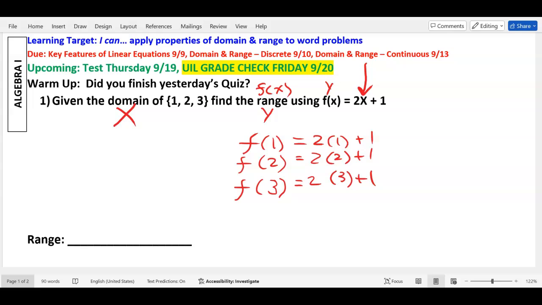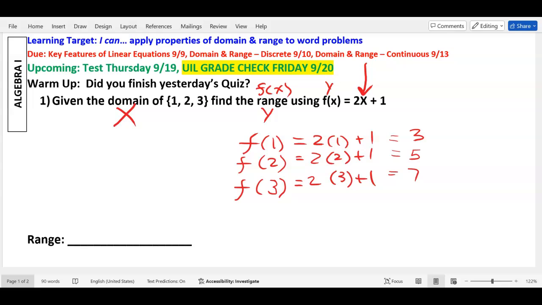You could just put the right side of this equation into Desmos and it would evaluate it for you. But we're going to do this mental math. 2 times 1 is 2, plus 1 is 3. 2 times 2 is 4, plus 1 is 5. 2 times 3 is 6, plus 1 is 7, right?